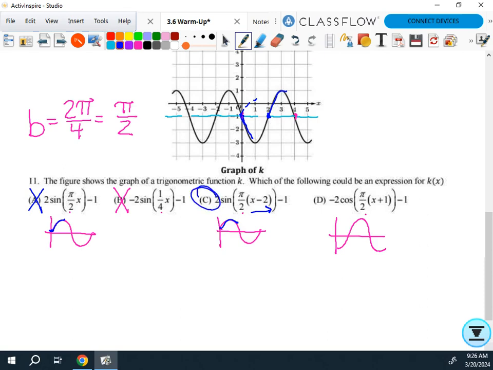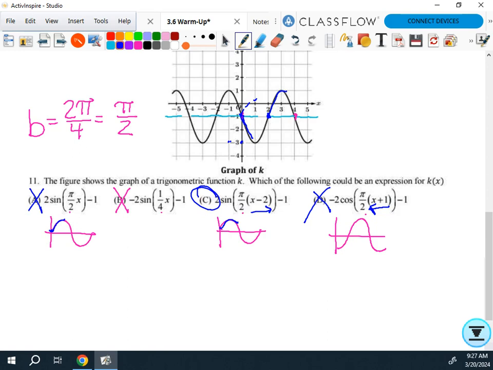Okay, but let's check D. Maybe I shouldn't circle it just yet. So negative cosine. Right here. Not even touching my graph, so the rest is irrelevant. That's my answer.